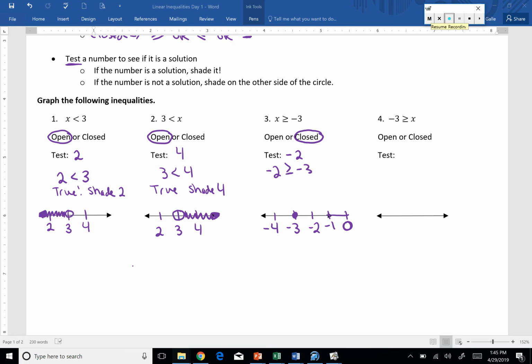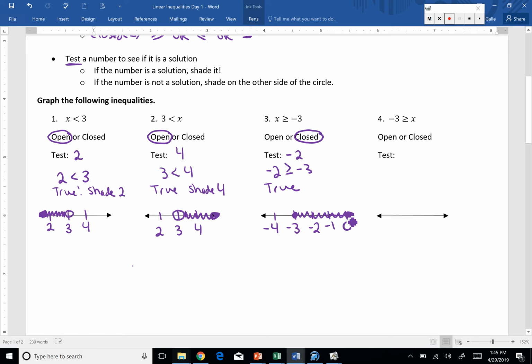So then we make our comparison with the negatives. Again, we also have to stop and think. Negatives are literally opposites of the positive. +2 is not bigger than +3, but -2 is bigger than -3. This is a true. So we're going to shade the side with -2.